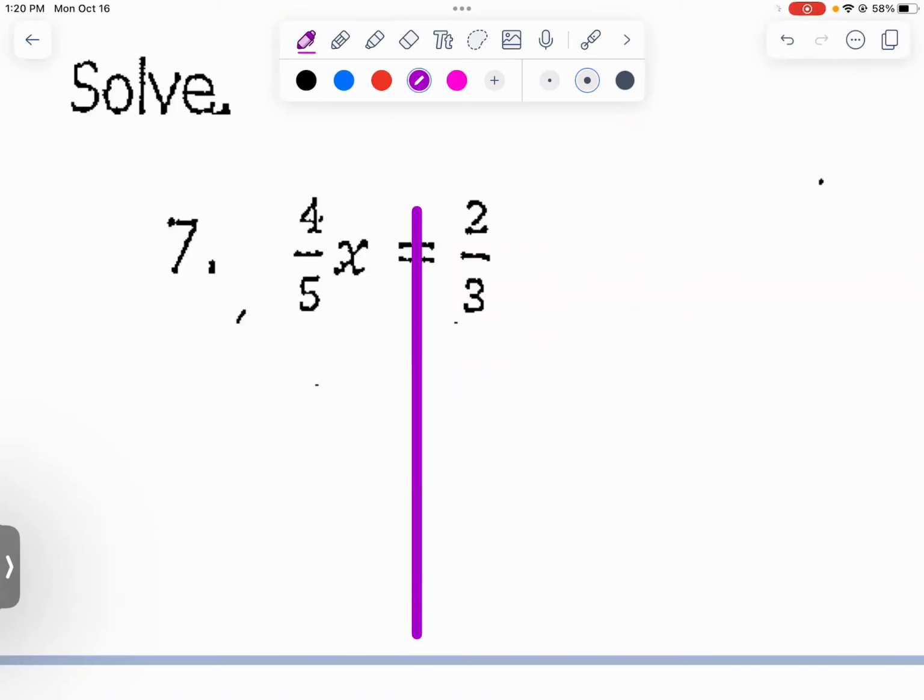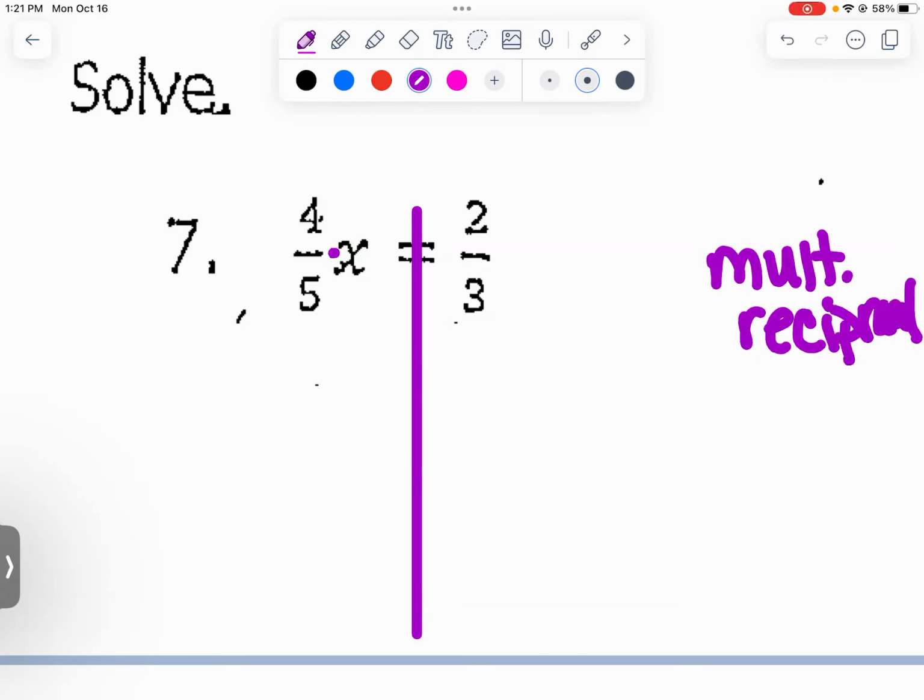The reciprocal. So technically 4/5 is being multiplied to x, which means we need to divide. Well, dividing by a fraction is ugly. So instead of dividing by the fraction, we are going to multiply by the reciprocal. Okay, so the reciprocal of 4/5 is what? So we are going to multiply both sides by 5/4.